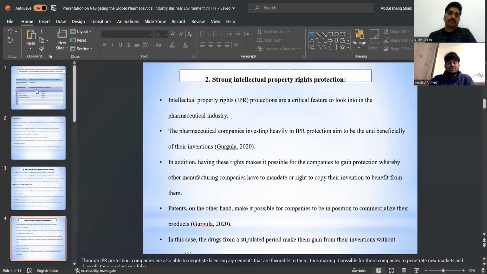Strong intellectual property rights protection. Intellectual property rights, IPR protections, are critical features to look into in the pharmaceutical industry. Pharmaceutical companies investing heavily in IPR protection aim to be the beneficiaries of the inventions.